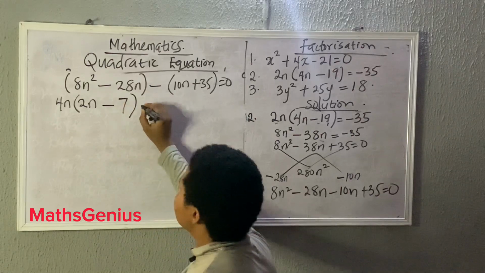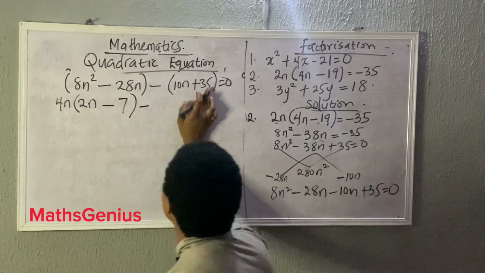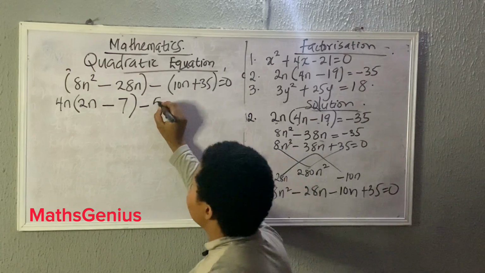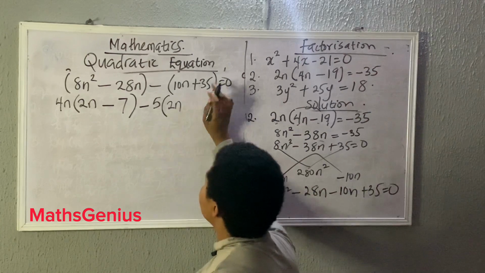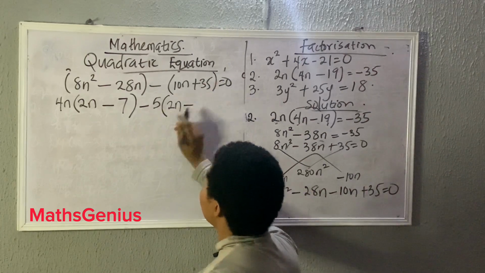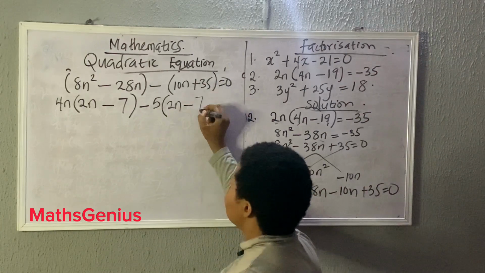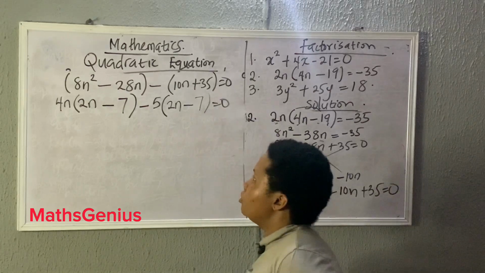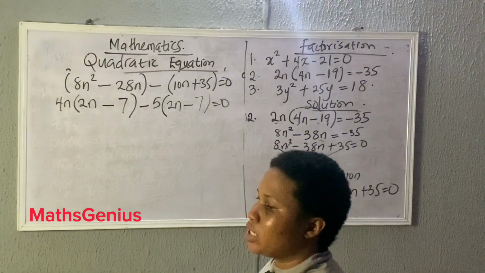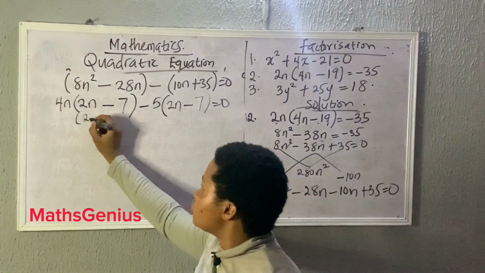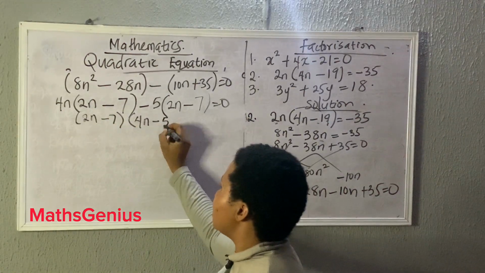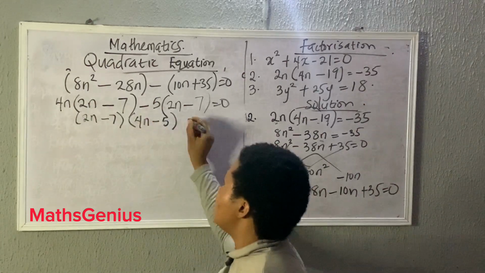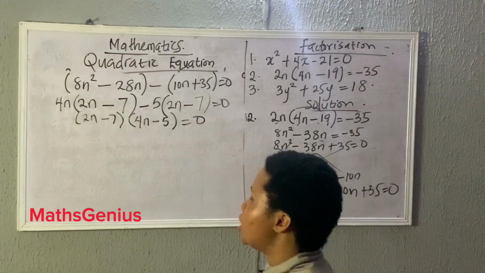Then minus something that's common here, and that will give us 5. 5 in 10n, that's 2n. Minus times plus is minus. 5 in 35, that's 7, equals 0. Now those two brackets are equal, so we can have 2n minus 7, and 4n minus 5 goes outside, equals 0.